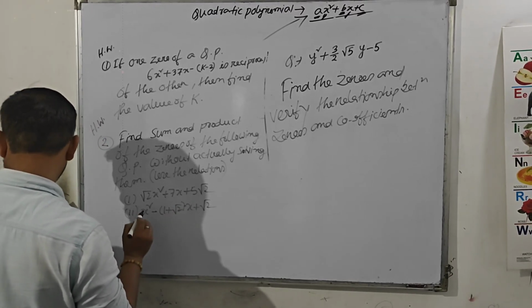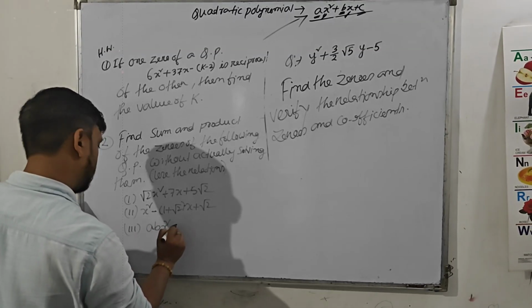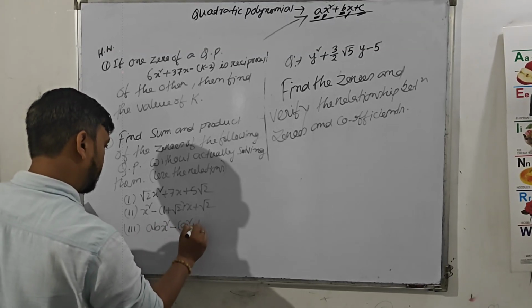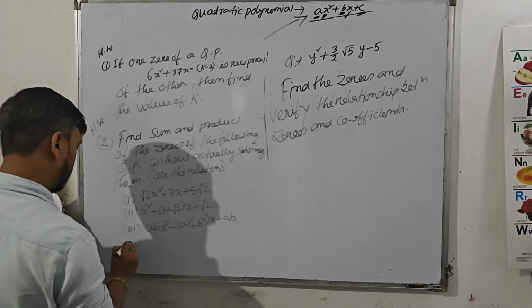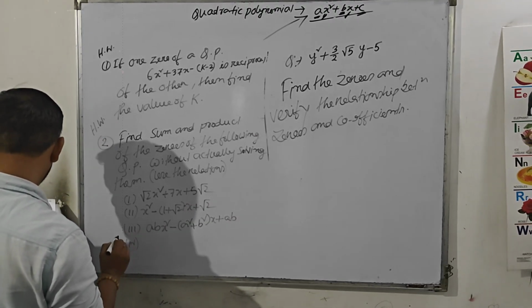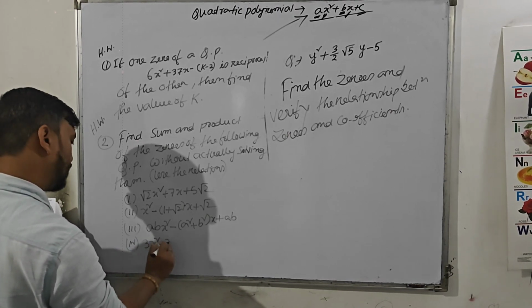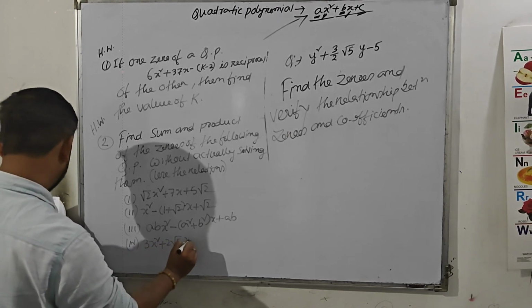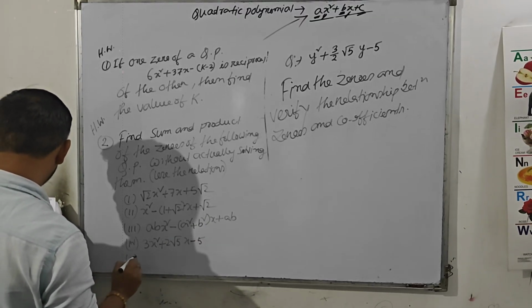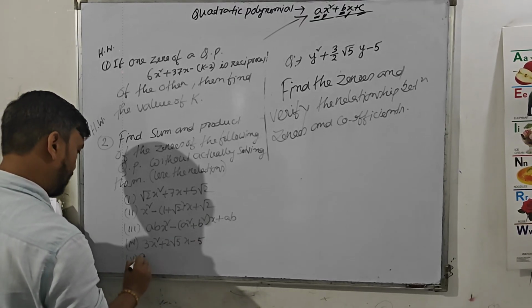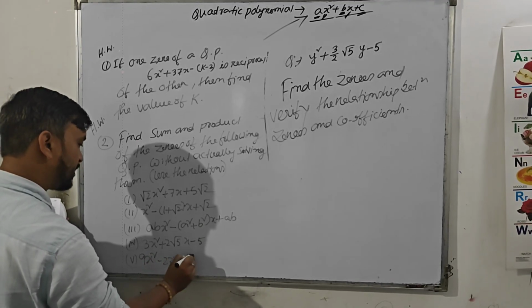The third one is x squared plus this squared. The fourth one is px squared divided by x. And the last one is 9x squared minus 12x plus 8.